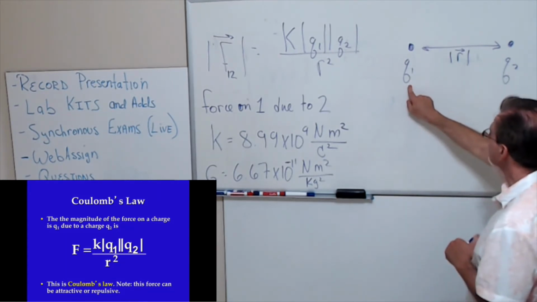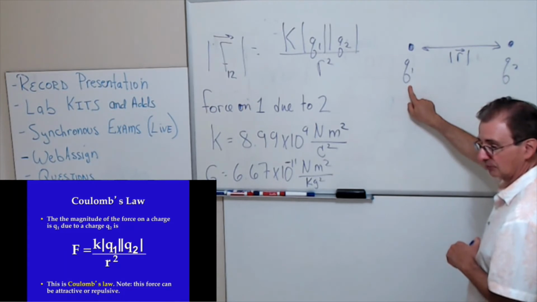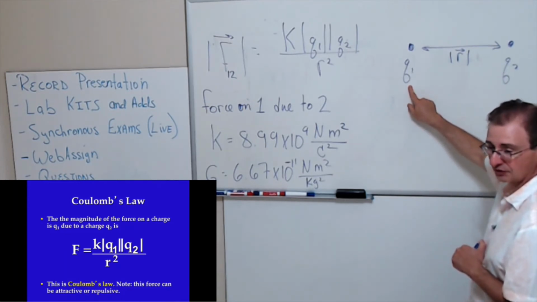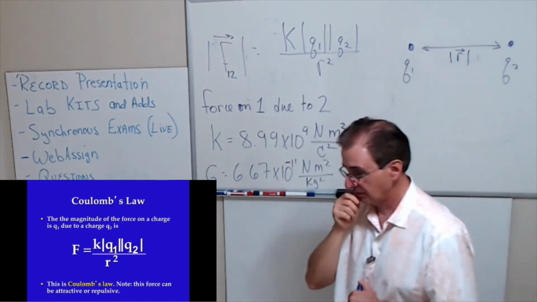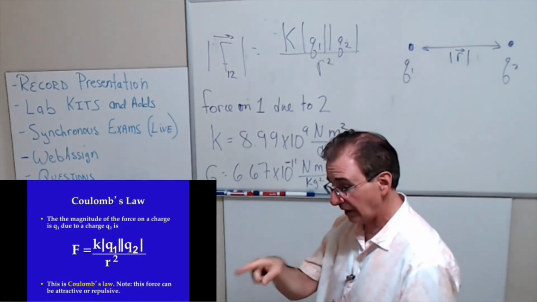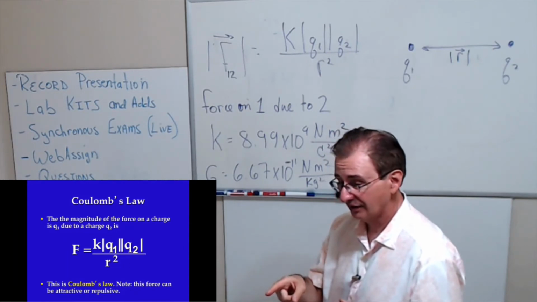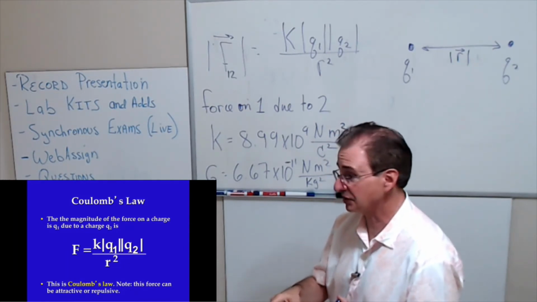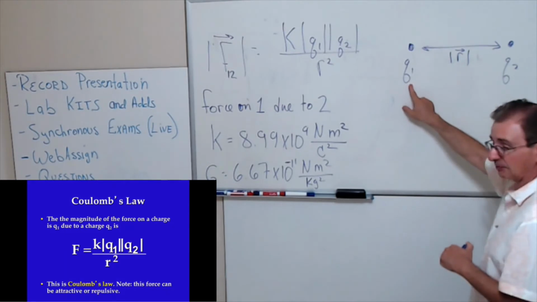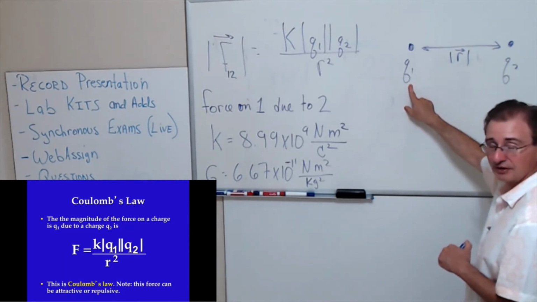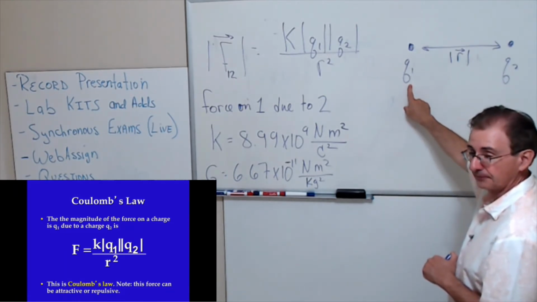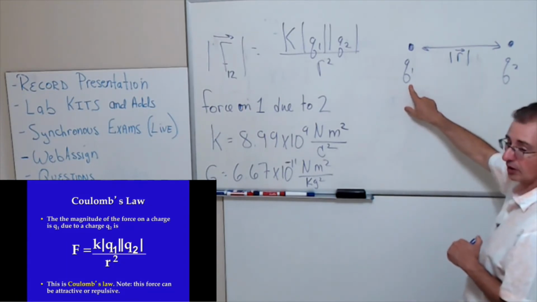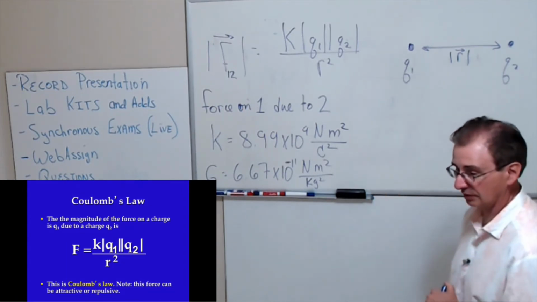First of all, moving charges create magnetic fields. So now you not only have an electric force, but you also have a magnetic force. And you have time-dependent forces because this is accelerating, and time-dependent fields create time-dependent fields. You cannot use Coulomb's law anymore when these objects are moving.